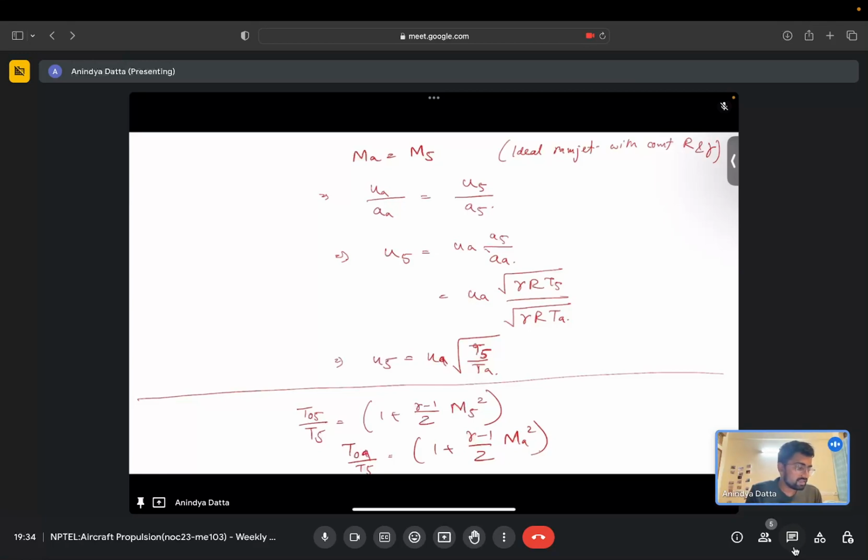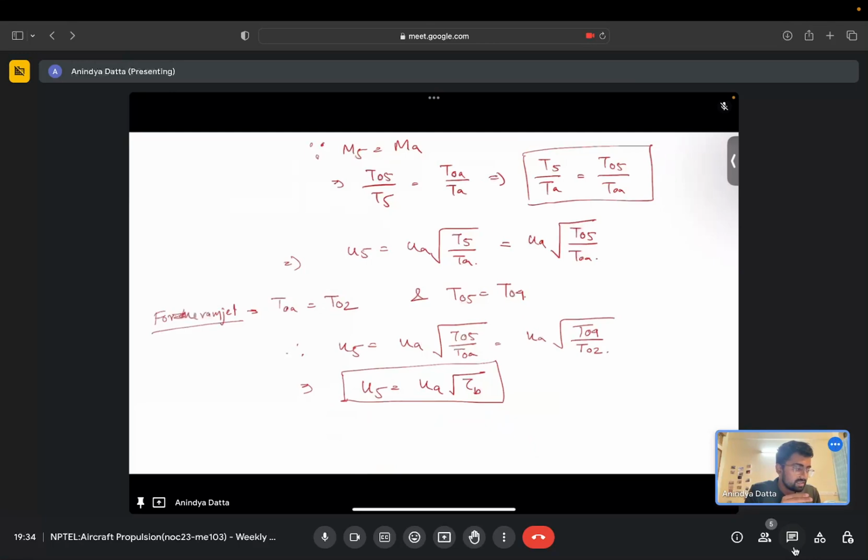And we simplify this, so we get U5, the exit velocity, equal to inlet velocity times square root of exit temperature by inlet temperature, okay. And since the inlet and exit Mach numbers are same, the ratio of static temperature at the exit and the inlet is equal to the ratio of static temperature at the exit and inlet, okay.